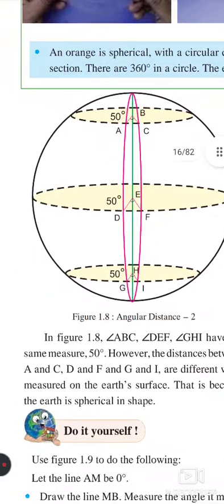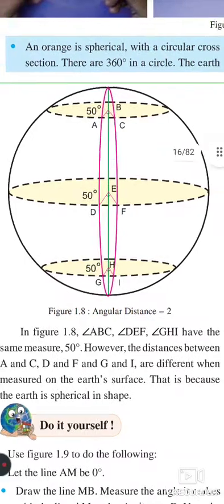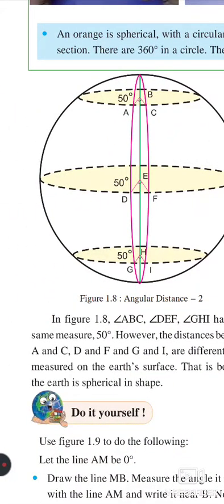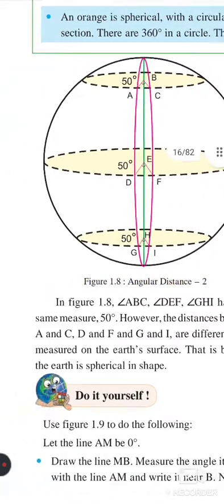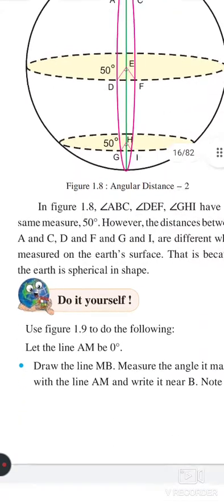However, the distances between A and C, D and F, and G and I are different when measured on the earth's surface. This is because the earth is spherical in shape.